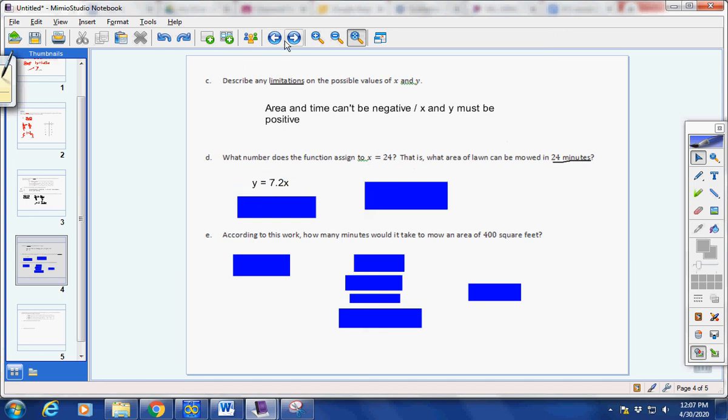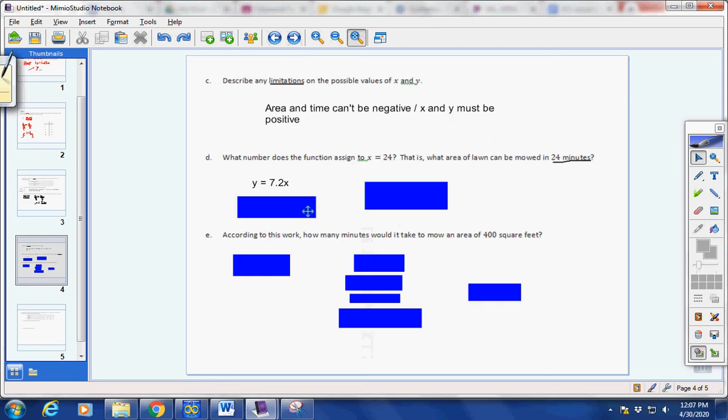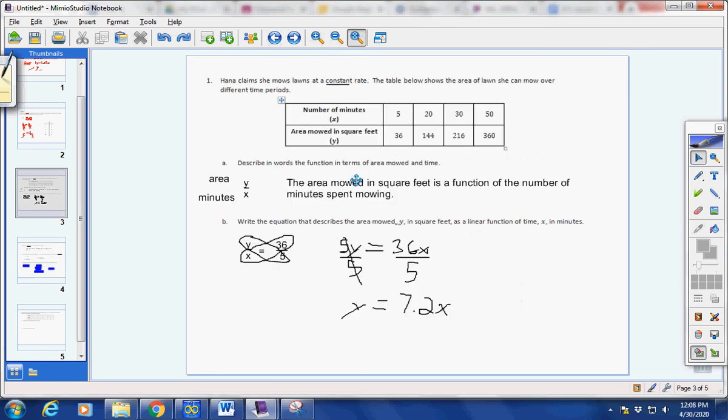And this is the formula we just came up with. Y equals 7.2x. So all we're going to do is we're going to input this 24 in for x. So instead of saying 7.2 times x, we're going to say 7.2 times 24. And when we do that, we get 172.8. Y, remember, is area, so it's 172.8 square feet.